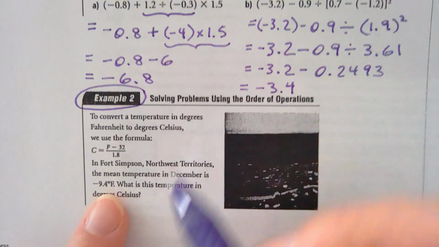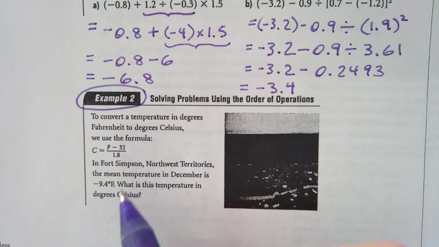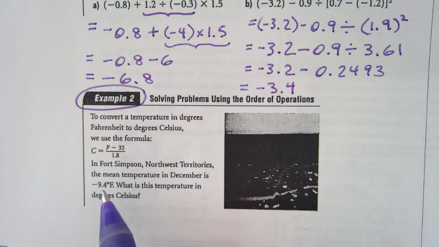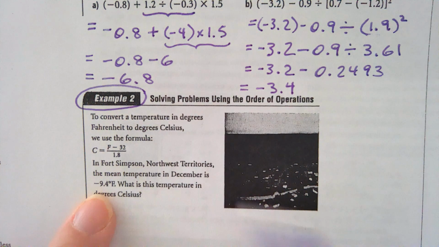Right? So, if Fort Simpson is negative 9.4 Fahrenheit, do you think this is hot or cold? Who thinks it's hot? Who thinks it's cold? Okay, let's figure out how cold this is.